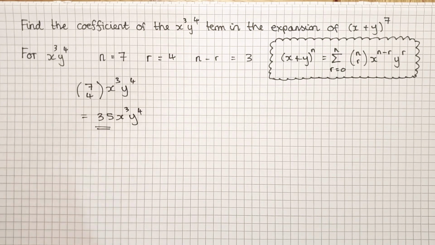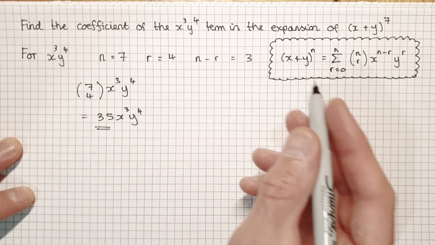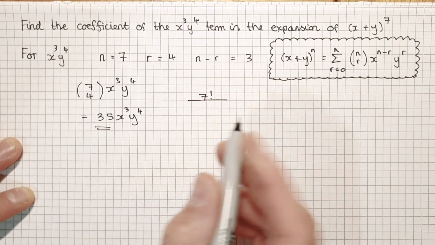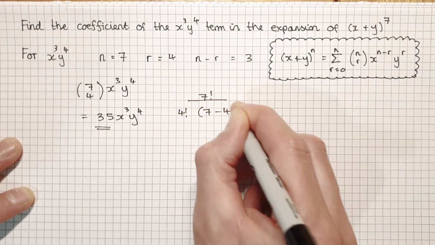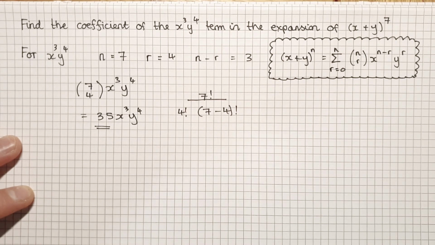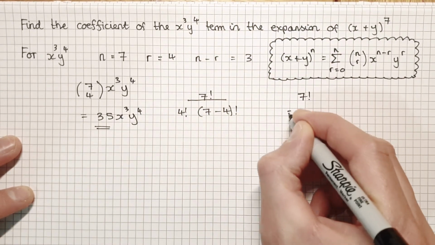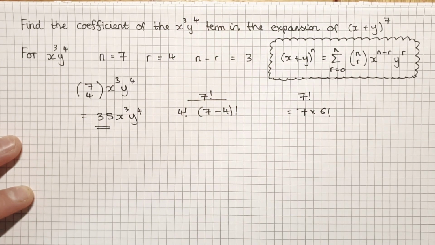If we were to do that without a calculator, if you remember from the reading I asked you to do previously, it's going to be 7 factorial over 4 factorial and then (7 minus 4) factorial. Now, to make it easier to tidy that up, something you should know is that 7 factorial, for example, is just the same as saying 7 multiplied by 6 factorial.